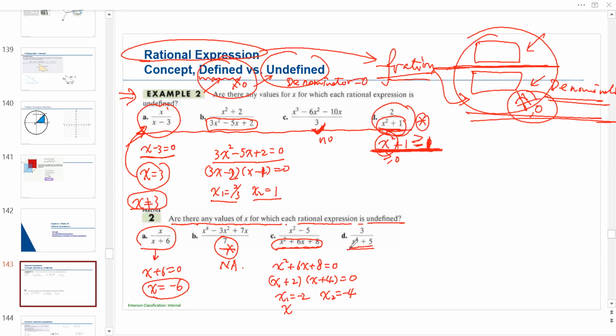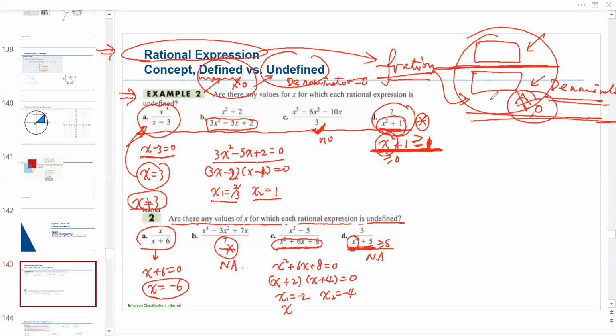For the fourth one, similarly like here, any number to the power 4 is always greater than or equal to 0. So this denominator is always greater than or equal to 5, right? So there's no number that can make this rational expression undefined. So for any rational expression, make sure it is reasonable.